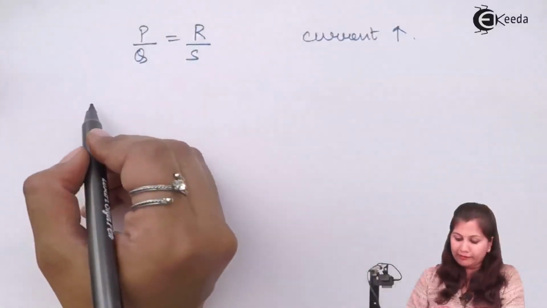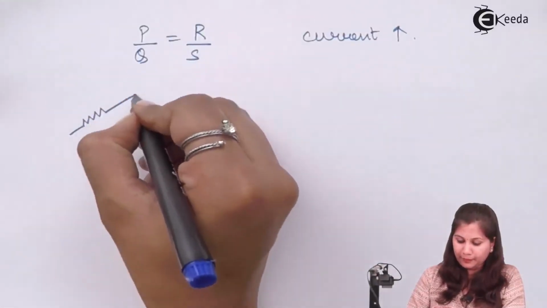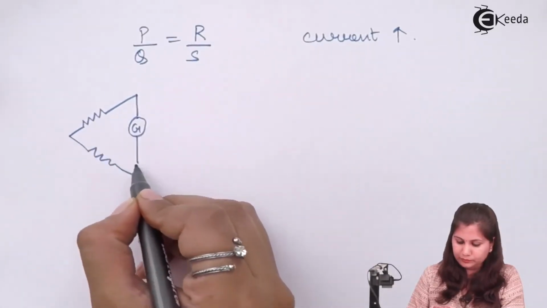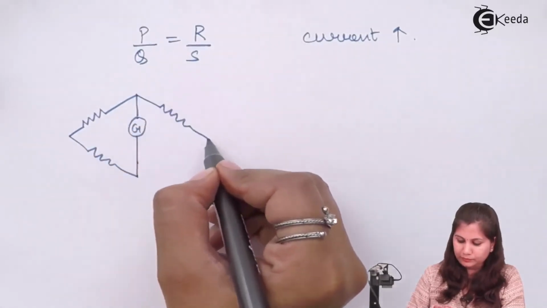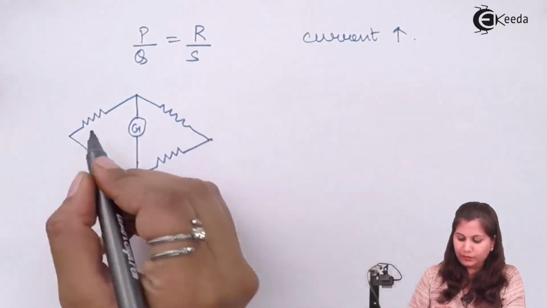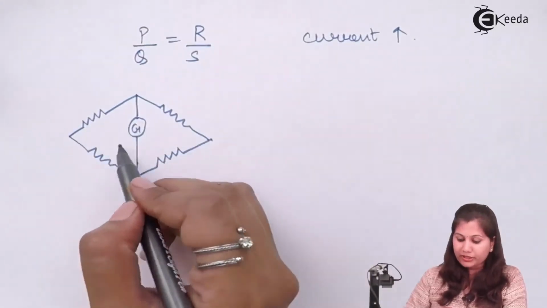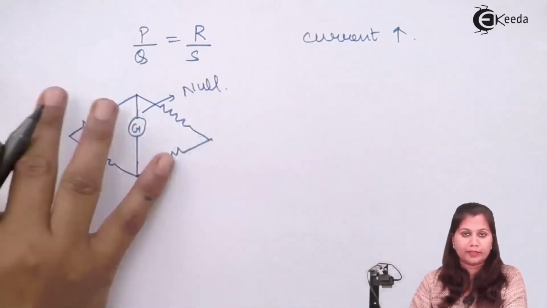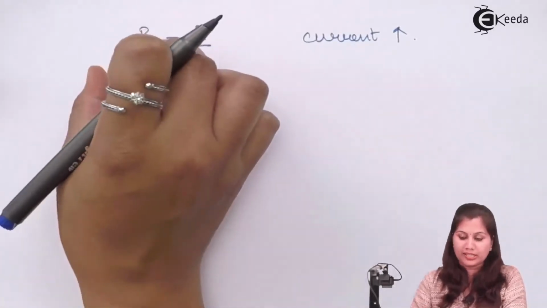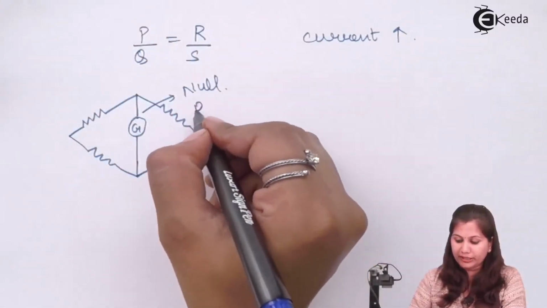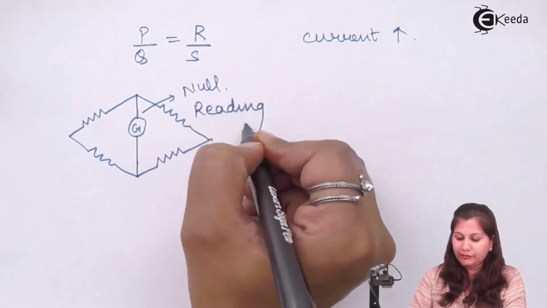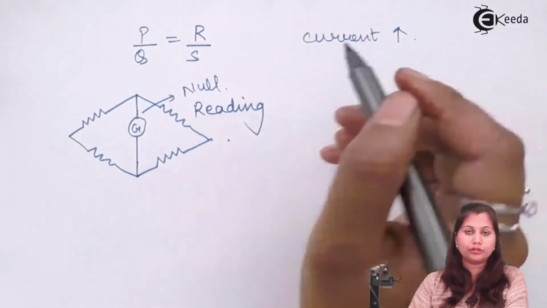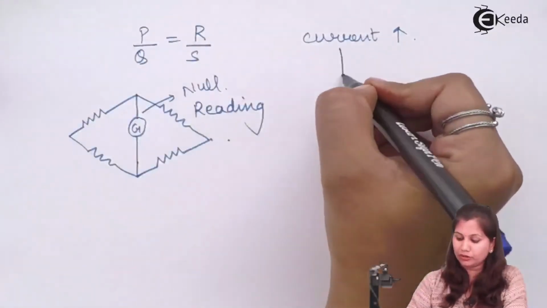So the galvanometer in the Wheatstone bridge, which was earlier showing null deflection because the bridge was balanced, due to the change in resistance is going to give us a reading of the current flowing in the circuit. So this current can be measured to give us the readings for the humidity.